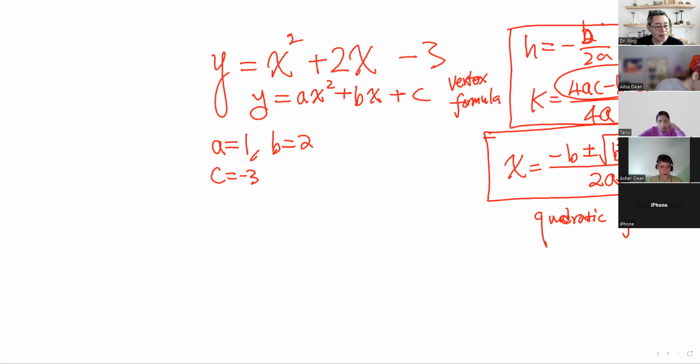There we go. Is that correct? Very good. All right. And so you can simplify your K. So anything divided by 1 is just itself. Okay.